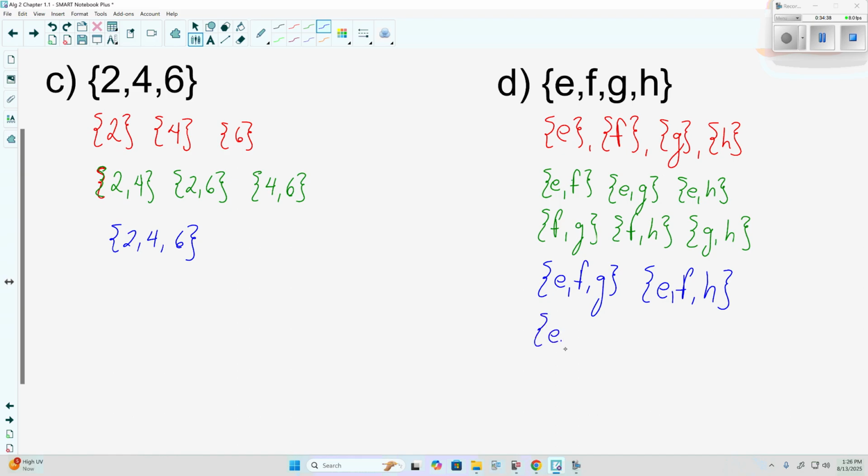So what we would move is change it from E, F to E, G, H. And then we keep flipping that last one, the H. Well, the H is as far as we go. So we finished that one there.